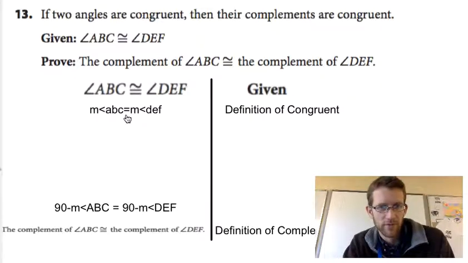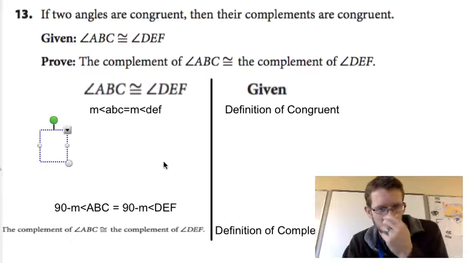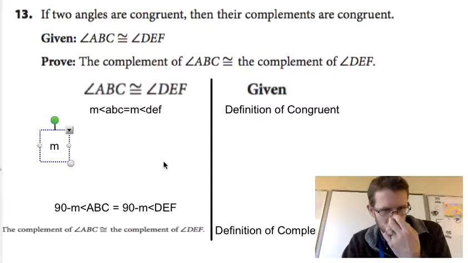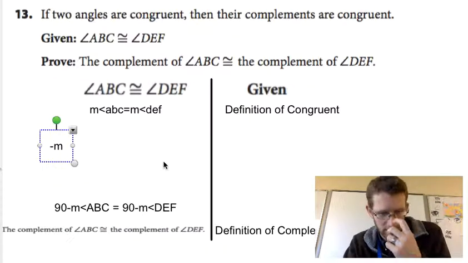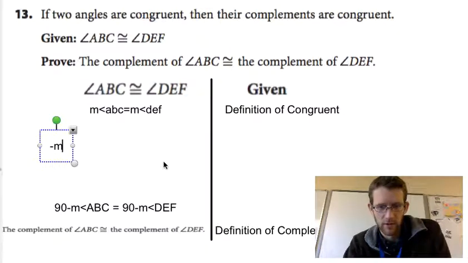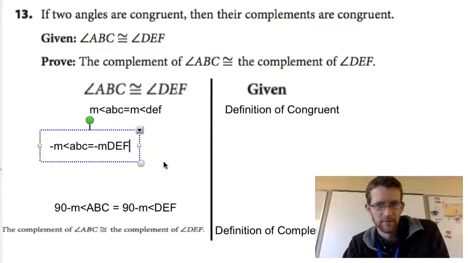So now how do you go from here to here? Hopefully, most of you can get from here to here pretty easily. I'm going to draw an intermediate step. There's only one intermediate step I'm going to put. That is the negative measure of angle ABC equals the negative measure of angle DEF.